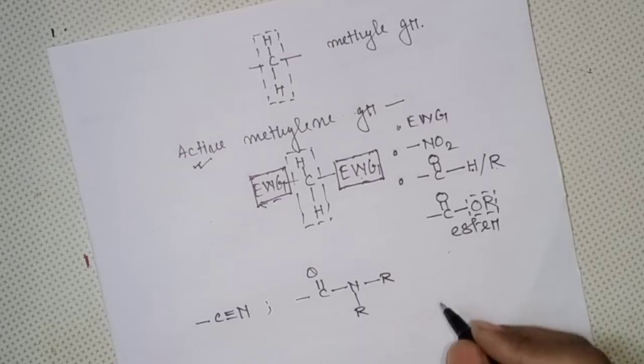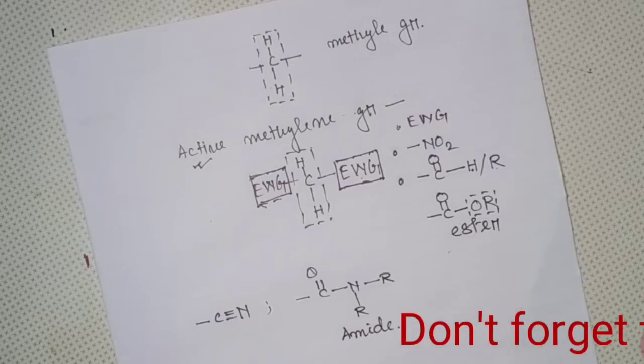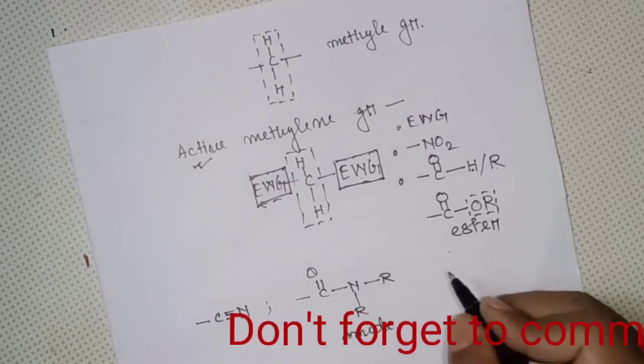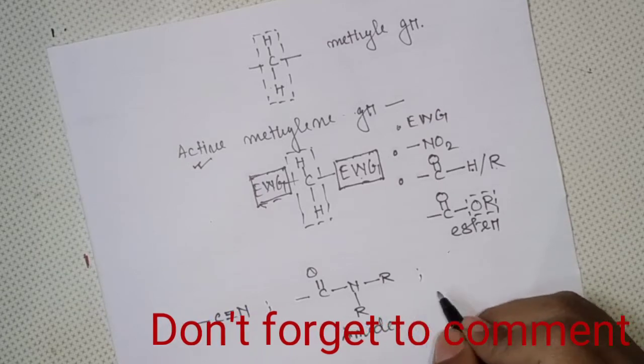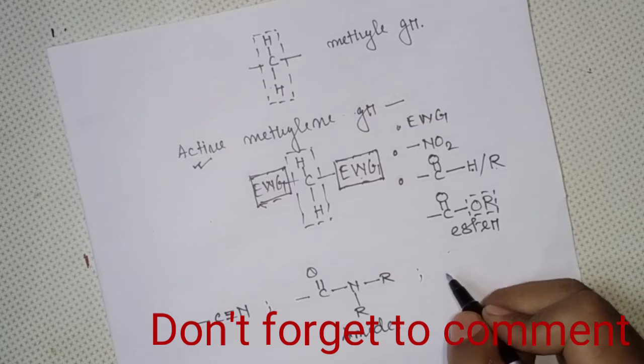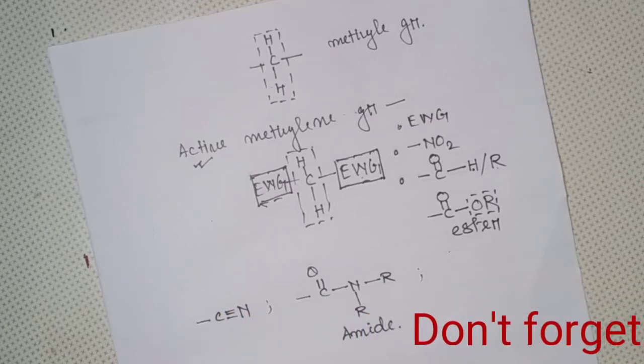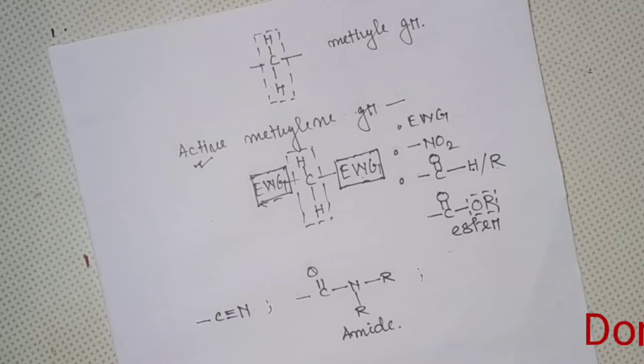Okay, this one is called amide. An amide linkage can also create an active methylene group, and in some others, even in place of carbon, it can be sulfur also.